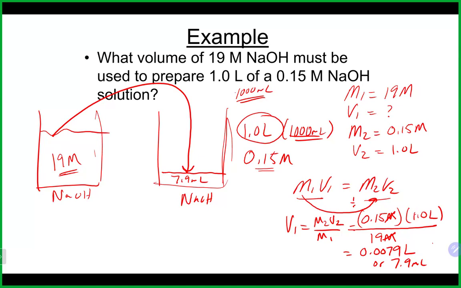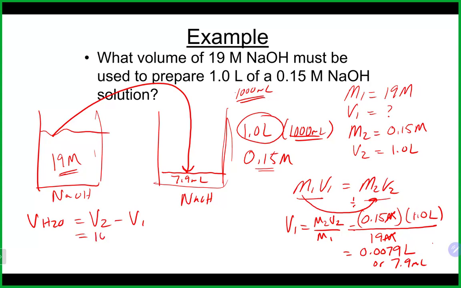So a very common dilution problem is that a lot of times you'll be asked how much water should you add to make this solution. If you want to know how much water or solvent you need to add, typically speaking, the volume of water is equal to V2 minus V1. V2 is your final volume, and V1 was your initial volume of the strong stuff.